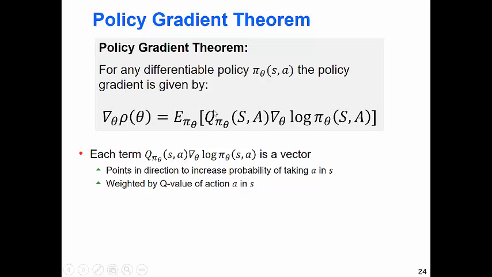These are random variables up here because it's inside the expectation. These are concrete actions. And so each of these terms is a vector, and it's a vector that points in the direction of increasing the probability of A in S, weighted by the Q value of A in S, right?